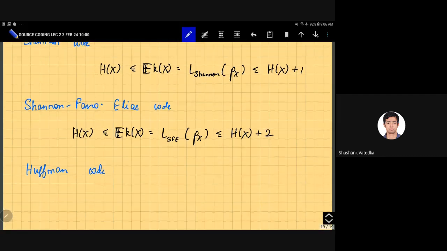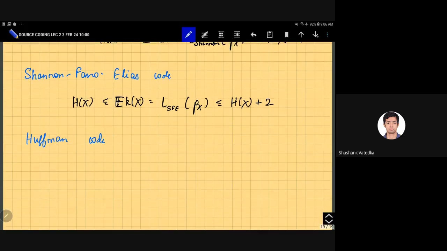We've also seen the Huffman code, where the code is constructed in a recursive fashion. At every stage, you merge two symbols with the least probabilities to form a super symbol, and then you keep proceeding till you can't proceed any longer. And this gives you a binary tree.